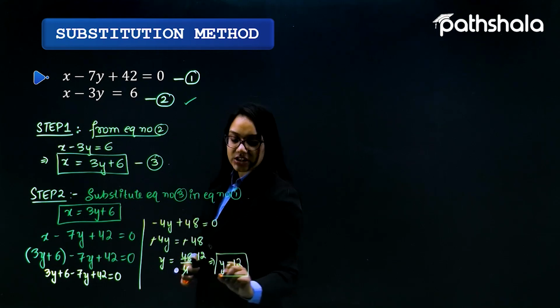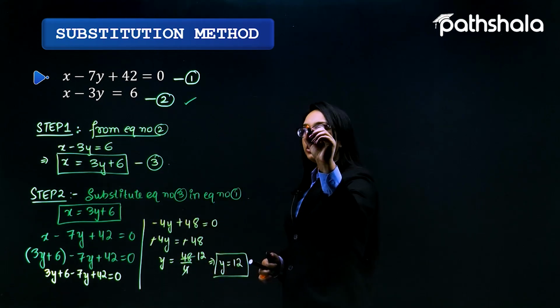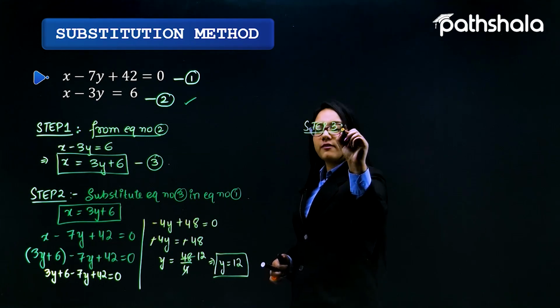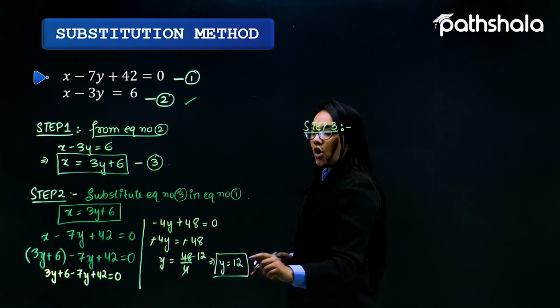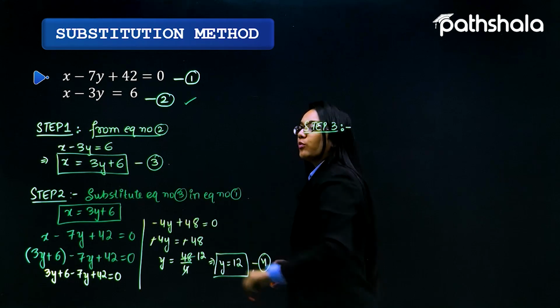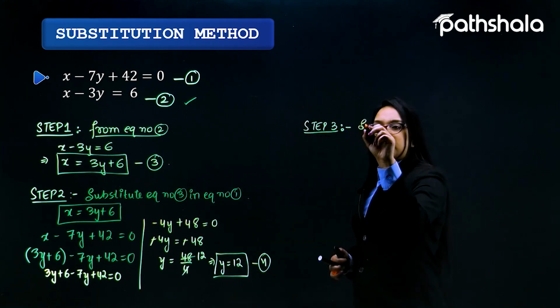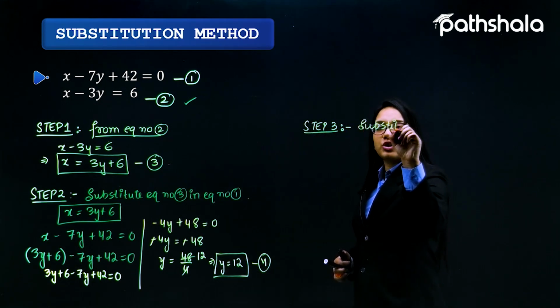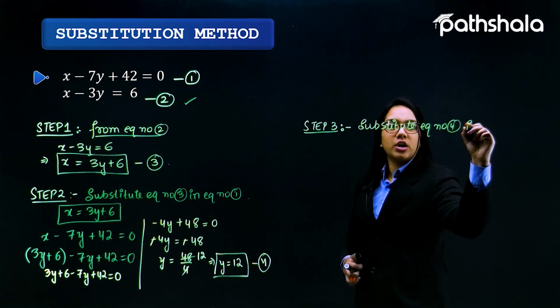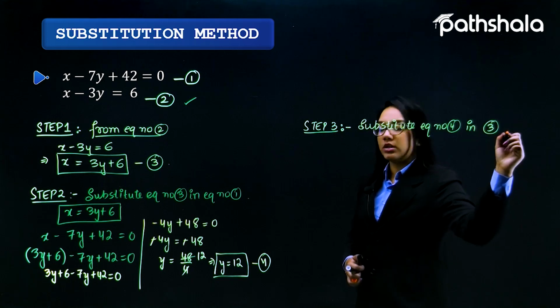The next step, step number 3, says to substitute the value of y that you got in step number 2 into the equation from step number 1. So we substitute equation number 4 in equation number 3.